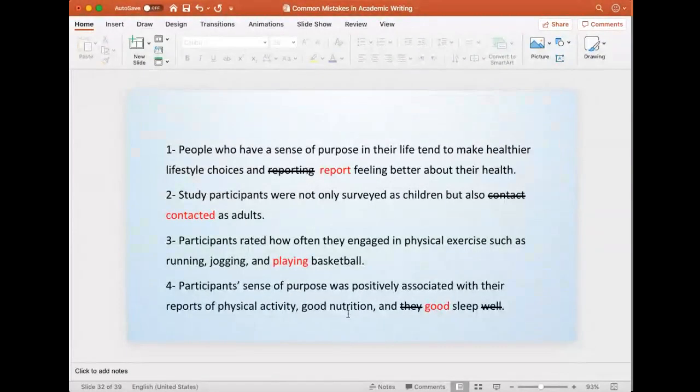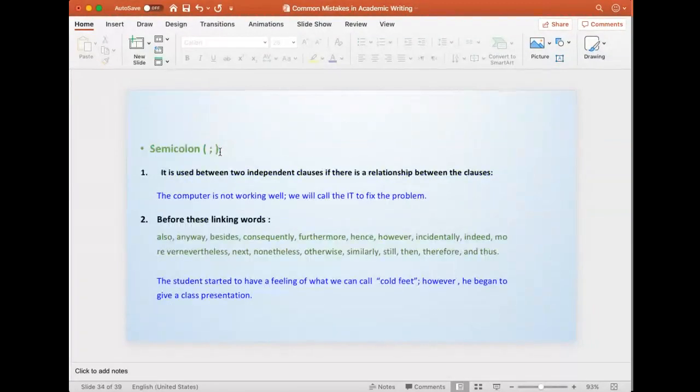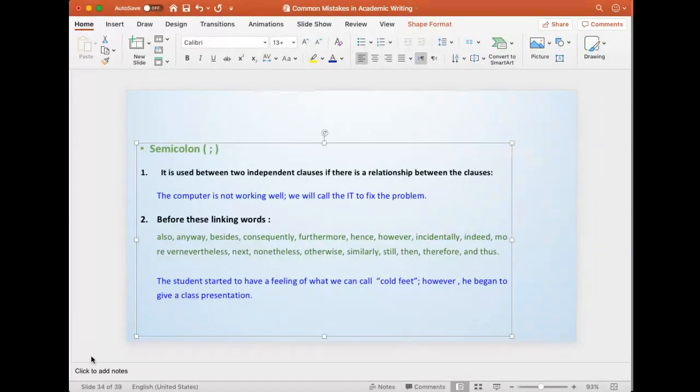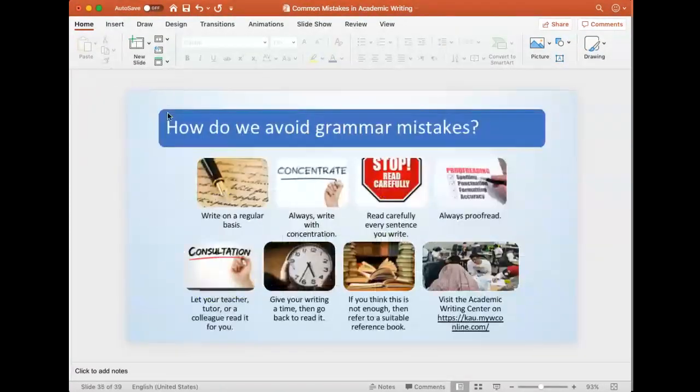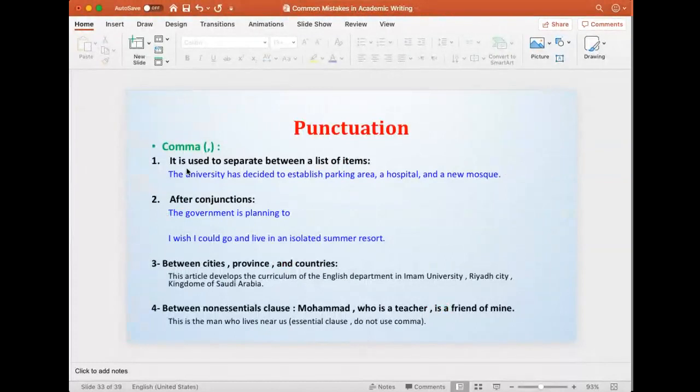All right. Punctuation: we have comma, full stops, semicolon. So for the comma, it is used to separate a list of items like what we have seen previously.